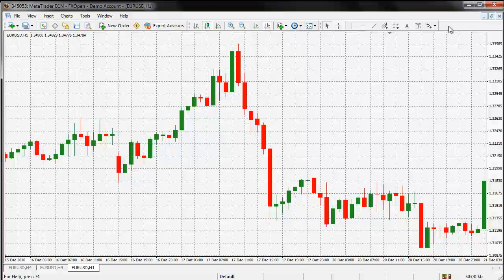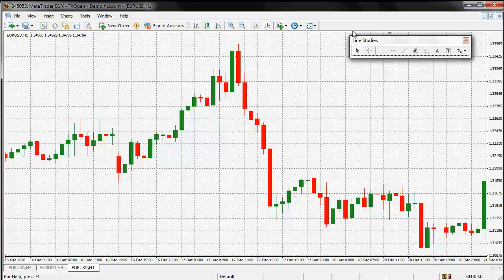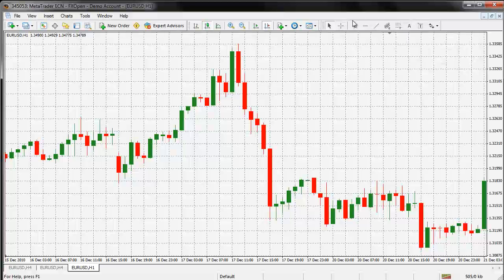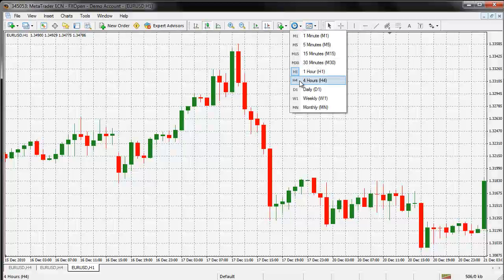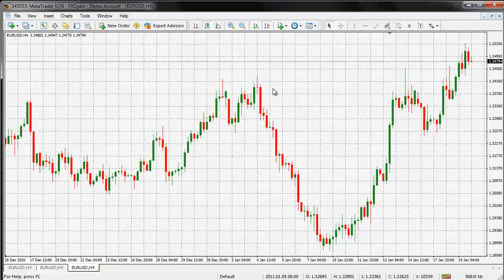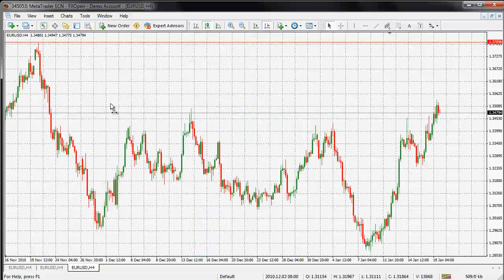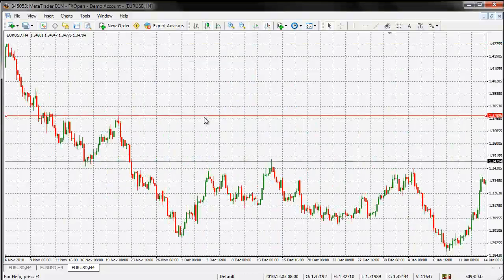You might have another row which already has your minutes on it, but you can use a shortcut. I'm going to use the 4 hour time frame for this example. Let's minimize the chart just a little bit so we can see more of the chart's real estate.